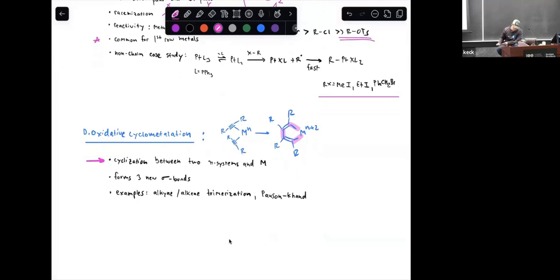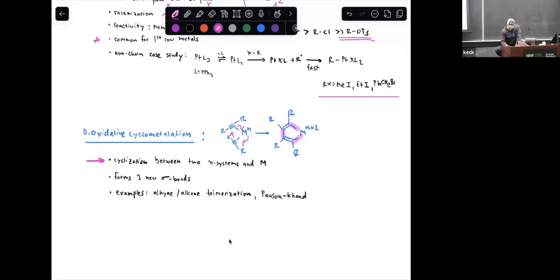We talked about alkyne trimerization. These rely on coordination of two pi systems. And then effectively, if you want to push arrows, you're pushing electrons like this. This will form 3 new sigma bonds at the cost of 2 pi bonds.